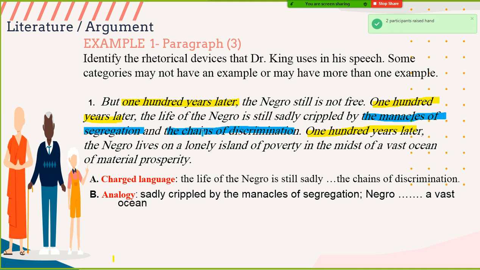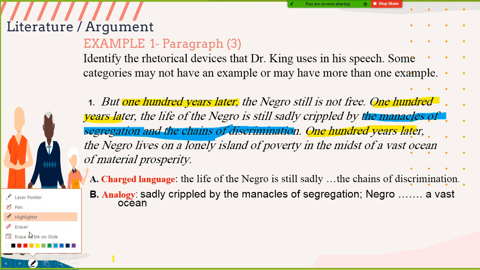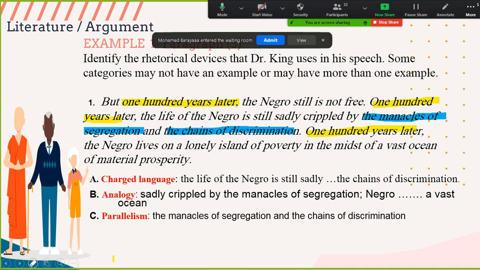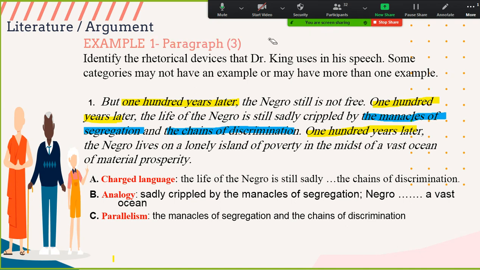Manacles is a noun, and chains is a noun. Of is a preposition, and of is a preposition again. Segregation is a noun, and discrimination is a noun too. So this is the kind of parallelism found here in the passage. Let's go to the third one, which was repetition, and that's the one that you have answered: 100 years later.